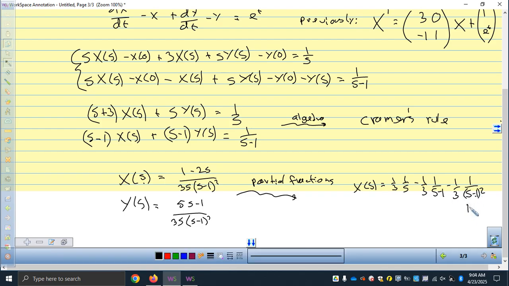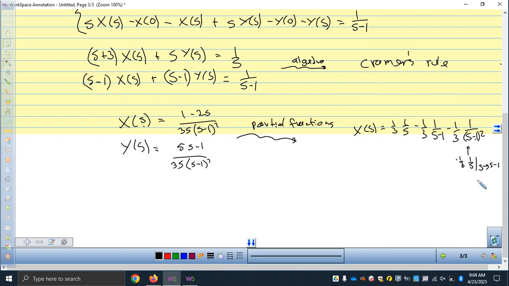And I'm thinking of this as minus 1/3 times 1 over s, and we're evaluating that at s goes to s minus 1. So we have an exponential function here that's going to be multiplying our solution.